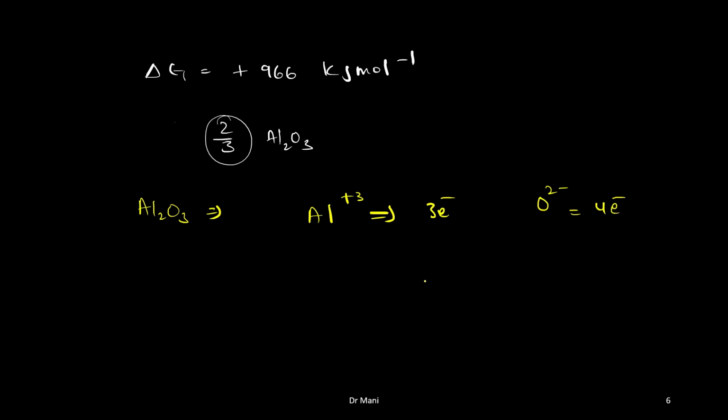Clear? Yes, sir. So aluminium needs 3 electrons, oxygen needs 4 electrons. And 2/3 of Al2O3, that's nothing but 3 times 2 is 6 and 4 times 3 is 12. Total how many electrons? One second, guys.